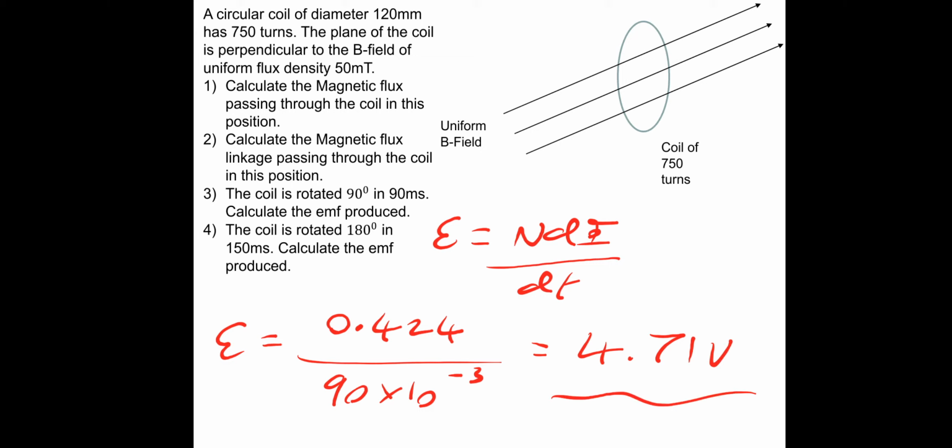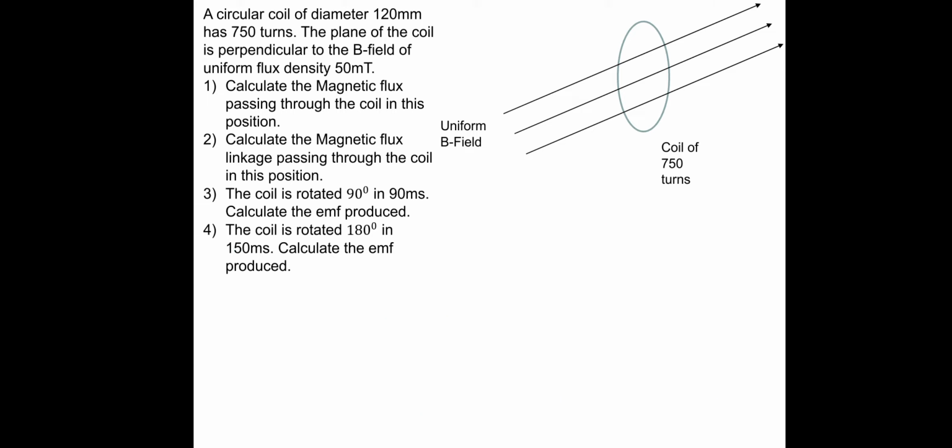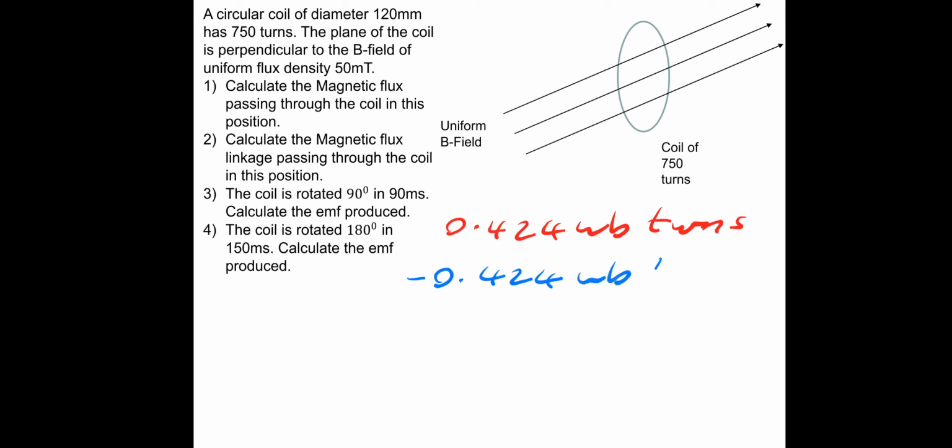Then let's finish question 4. Question 4, the coil is rotated 180 degrees. If the coil is rotated 180 degrees, that means it goes from a maximum flux to 0 flux to a maximum flux in the opposite direction, just like last lesson. So we're going to go from 0.424 Weber turns to the exact same value, but in the opposite direction.